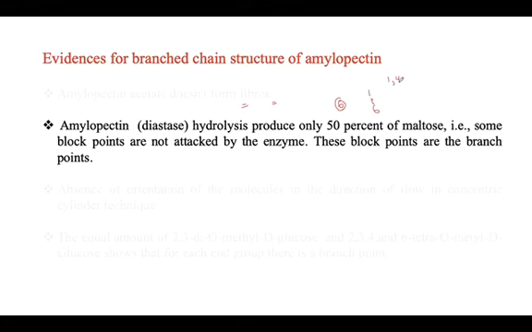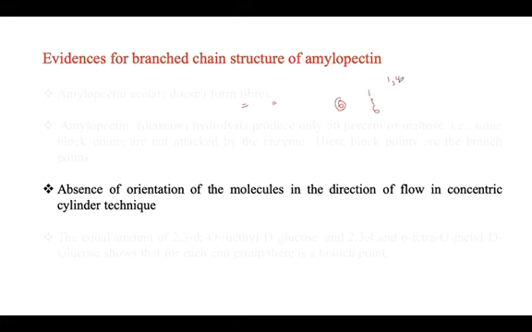Now, absence of orientation of the molecules. When the amylopectin solution was treated, it was observed that this solution does not show orientation of the molecules in the direction of flow in the concentric cylinder technique. The absence of this orientation indicates again that this molecule is not linear, it is a branched chain molecule.